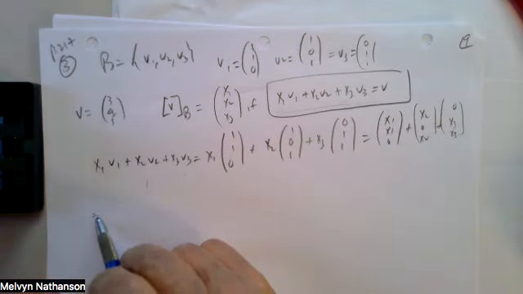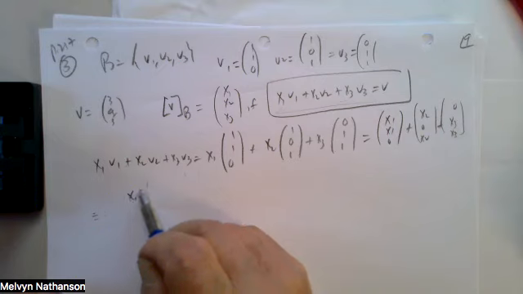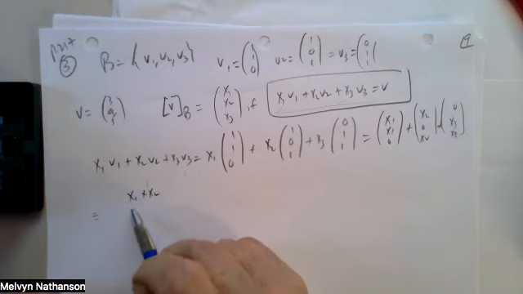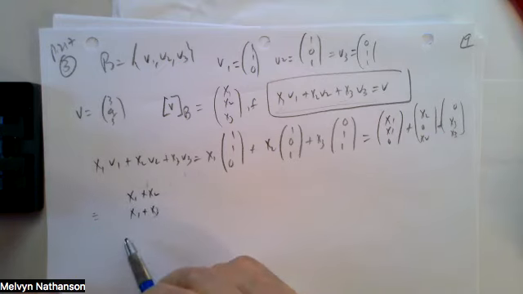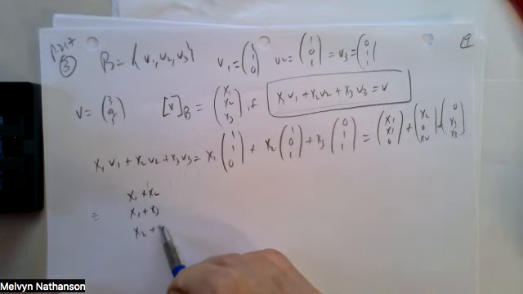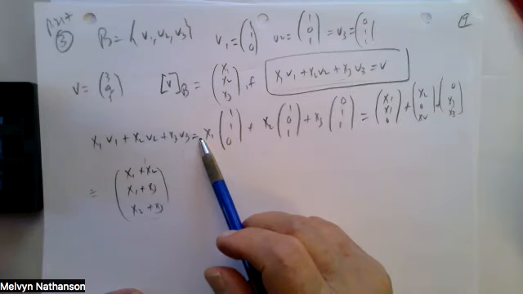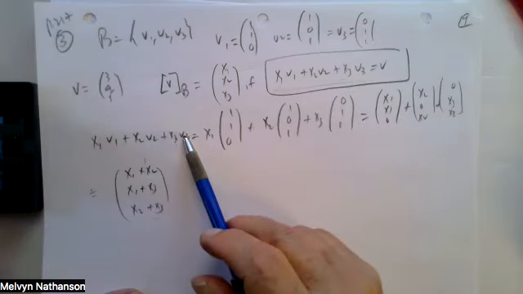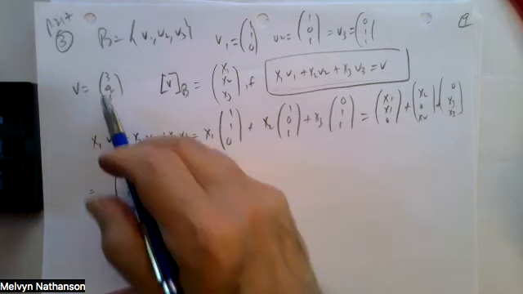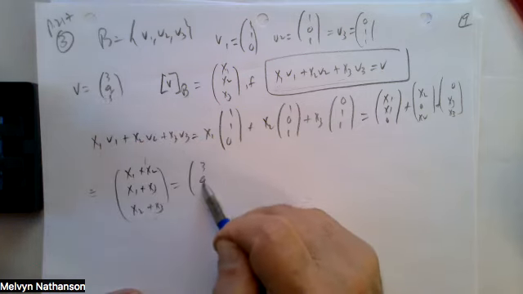When you add it up, that's x1 plus x2, x1 plus x3, x2 plus x3. That's what a linear combination of these 3 vectors looks like. And we want to choose the linear combination that produces the vector V, which is 3, 4, 5.